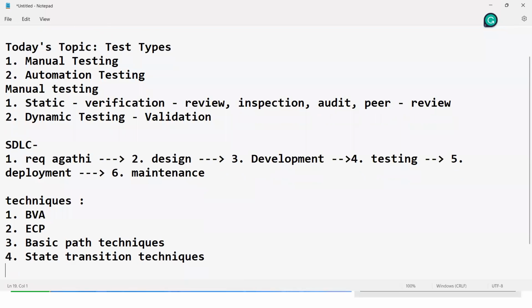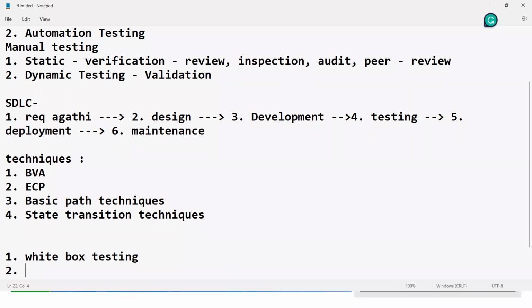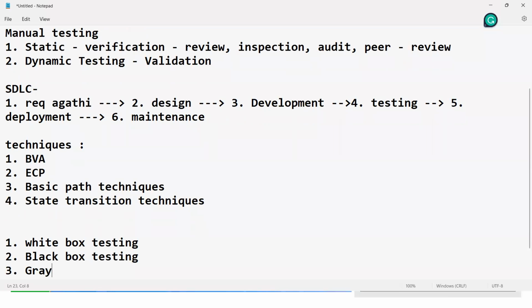What is white box testing? There are various models of testing. One is white box testing, the second is black box testing, and the third is gray box testing. White box testing is carried out by the development community, meaning whoever is working on the development of the application.